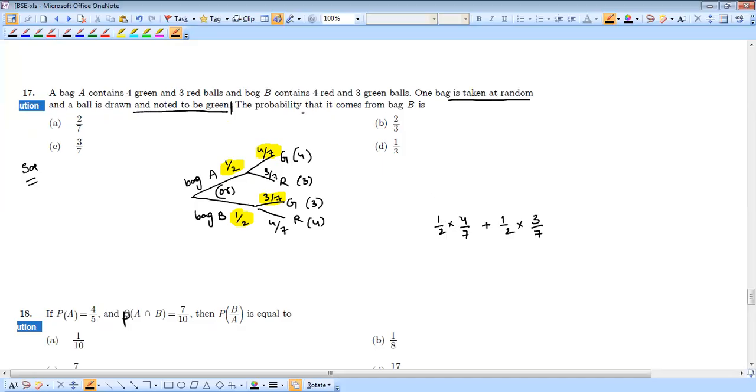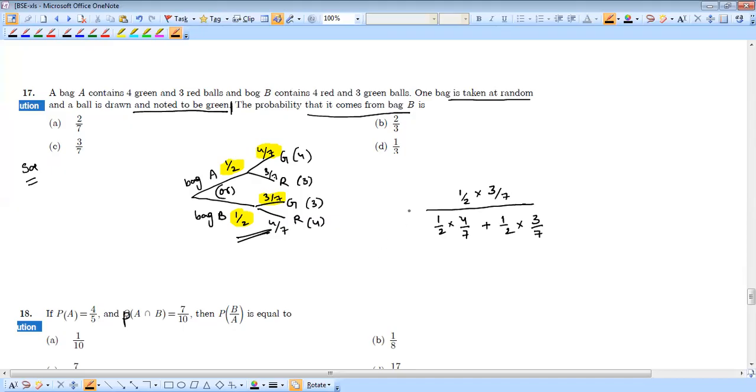But there is a condition: the probability that it comes from bag B. It means we have to go for Bayes theorem. Why? Because whichever green ball we select, it would have come from bag B. So one more condition is there. Now we take this case alone in the numerator, that is 1 by 2 into 3 by 7.